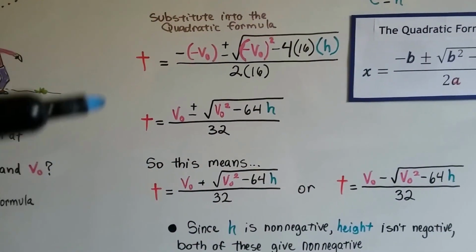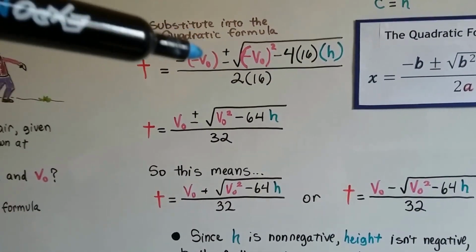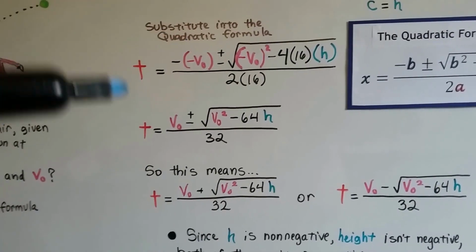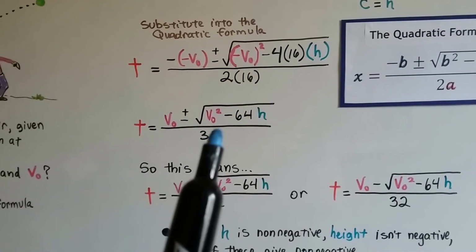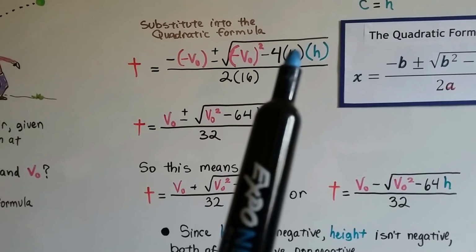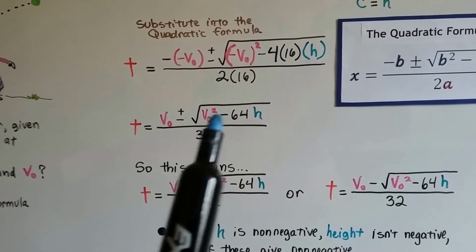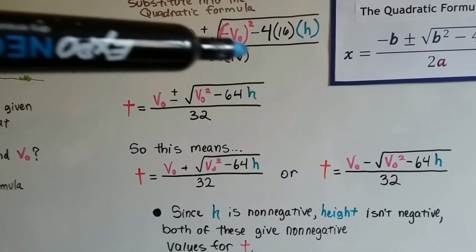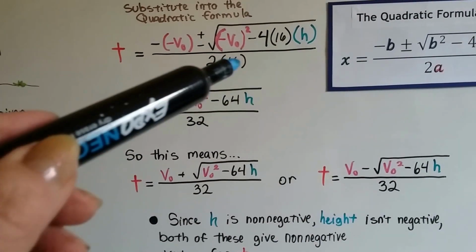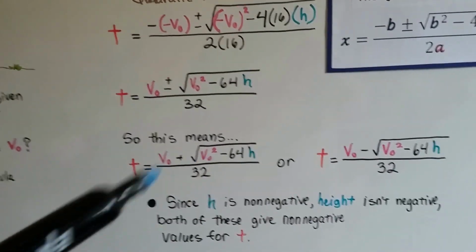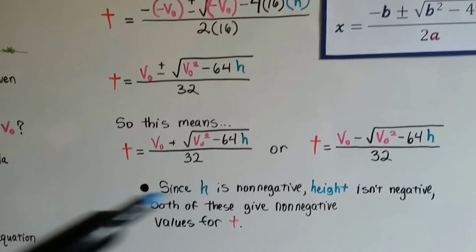When we simplify this, this negative can be distributed into the parentheses to make that a positive. And we've got negative 4 times 16, which is a negative 64h. 2 times 16 is 32, because that's our a, right? So we want to multiply it by a.